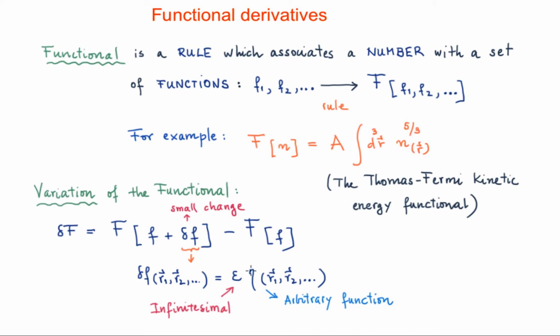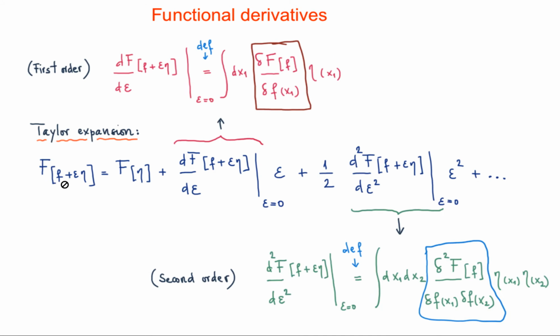Then you make a Taylor expansion, so we have an expression like that, a Taylor expansion in terms of epsilon. Now you consider these definitions: once you have these two terms calculated, you can extract from the definitions the first order functional derivative and the second order functional derivative.